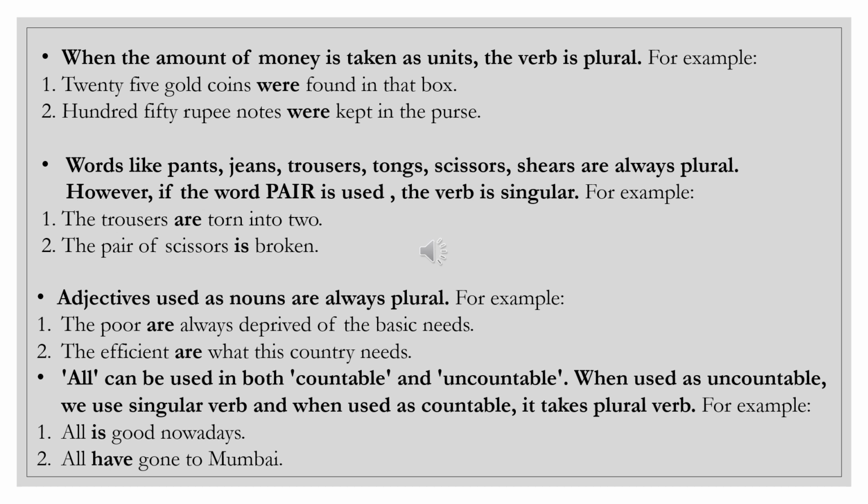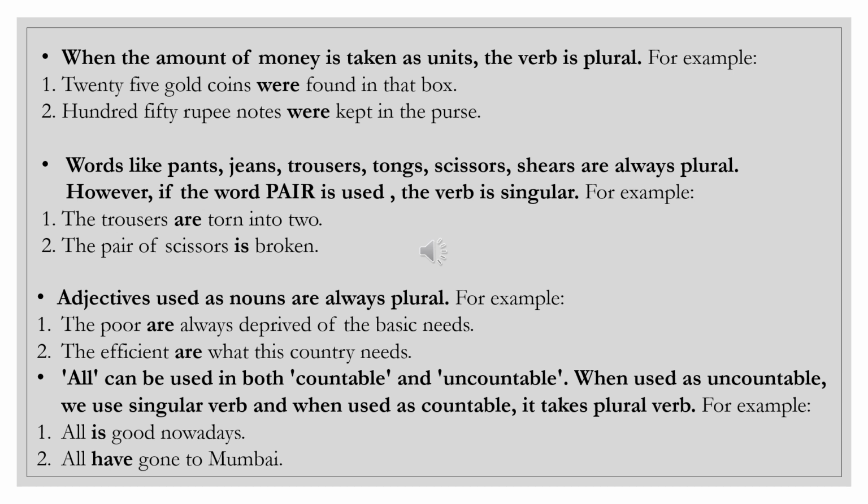Like if I say that there are 1 million $1 notes in $1 million, then it means that there are 1 million $1 notes. Like we are counting each $1 note individually. So the verb becomes are.